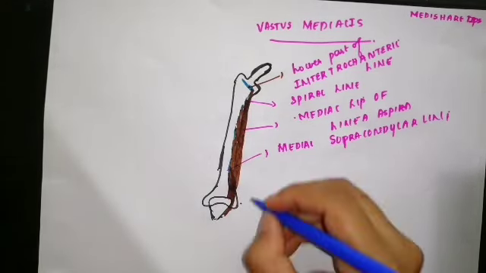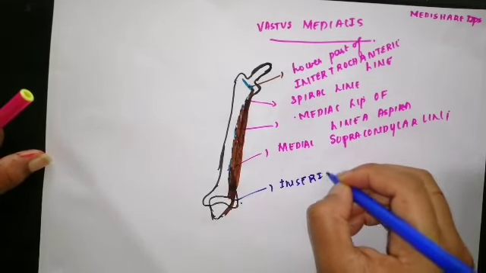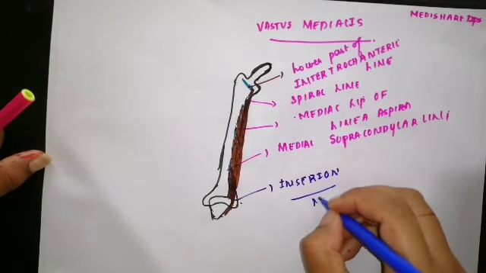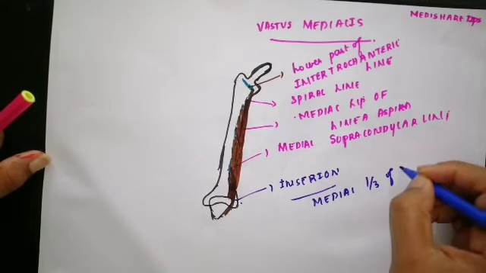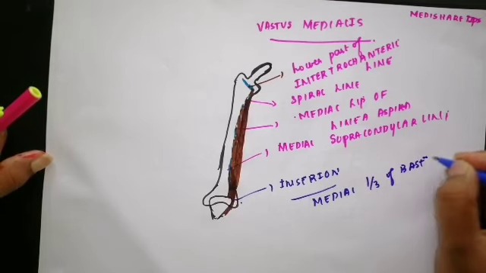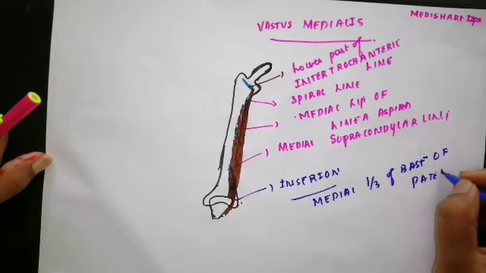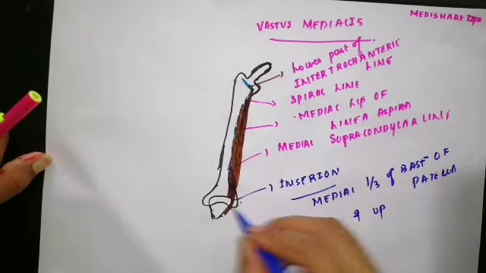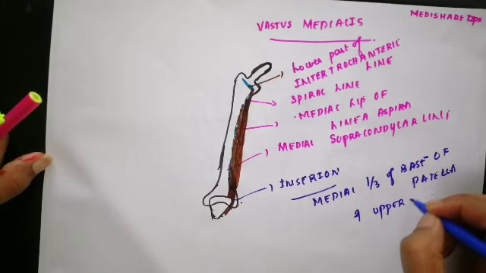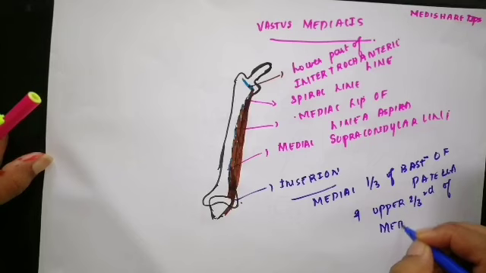So insertion at medial 1/3 of base of patella and upper 2/3 of, this is the medial border, 2/3 of medial border of patella.